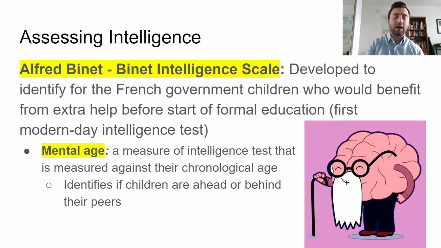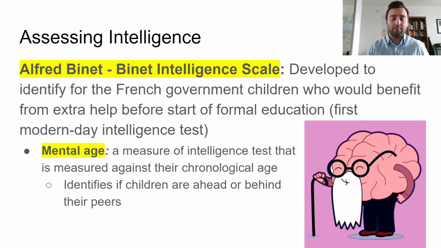What happened was, this was early on when public schooling was becoming newer, and the government basically asked Binet to create a way to identify children who would need extra help before school started.